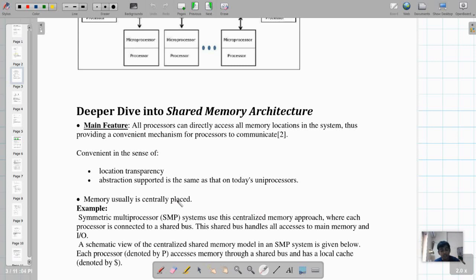Memory usually is centrally placed because, as we have discussed, the memory unit has some global address space, and it can be accessed by all the processors centrally. An example of this architecture is the symmetric multiprocessor system.